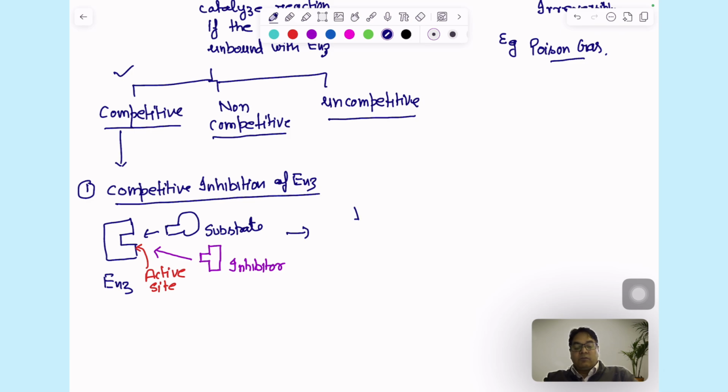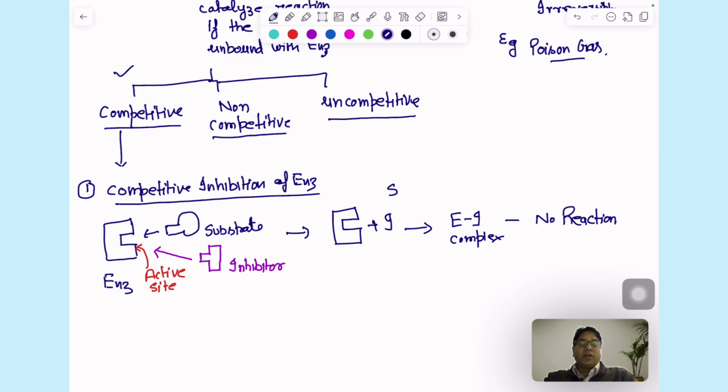So there will be enzyme plus inhibitor, and the substrate is left out. So it leads to the formation of an enzyme-inhibitor complex. And then there will be no reaction. That means the normal reaction catalyzed by this enzyme will not take place. This is competitive inhibition.